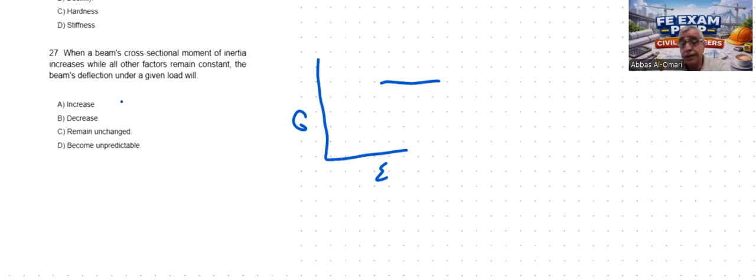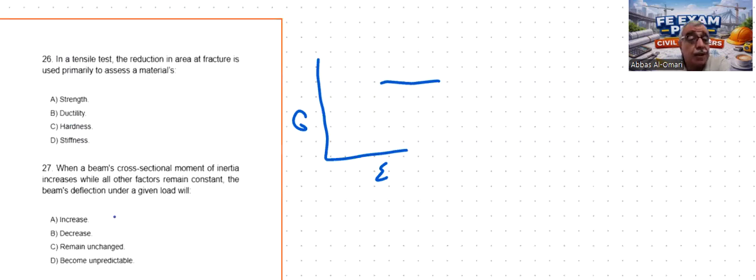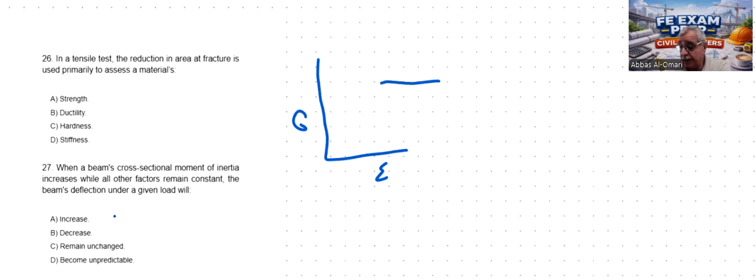Now, in a tensile test, the reduction in area at fracture is used primarily to assess a material's strength, ductility, hardness, or stiffness. So the reduction in area occurs just before failure. If you remember the stress-strain diagram for a ductile material, it was something like this.